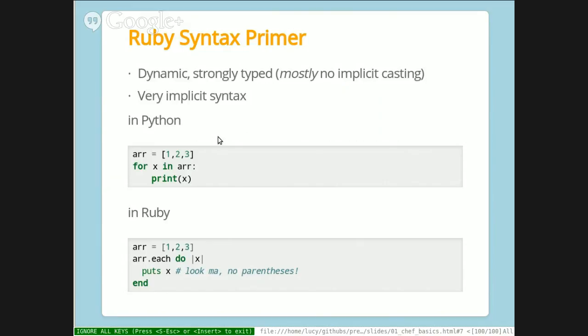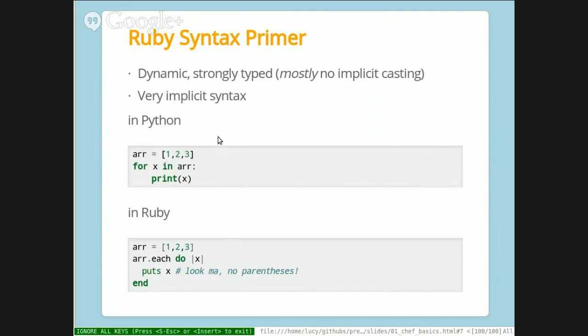This do end is usually how you declare a function. Yeah, so instead of brackets, you have do and end, which might be better, might be worse. And actually the really cool thing is the pipe x pipe. We'll go into better examples for that, but essentially this is where you establish what x is going to be.